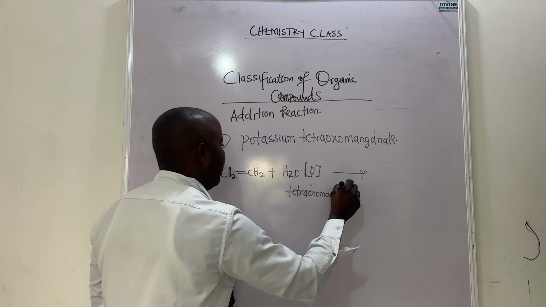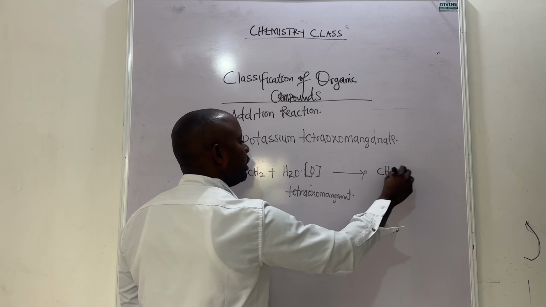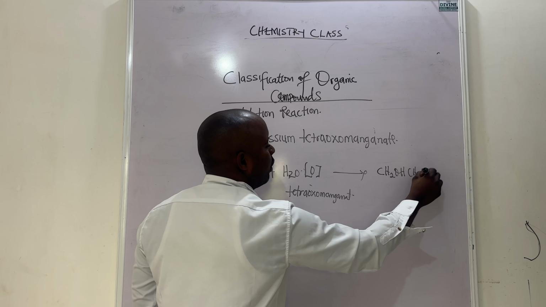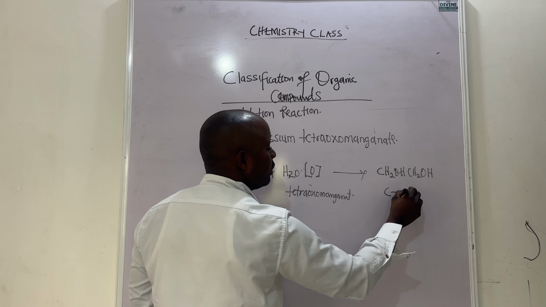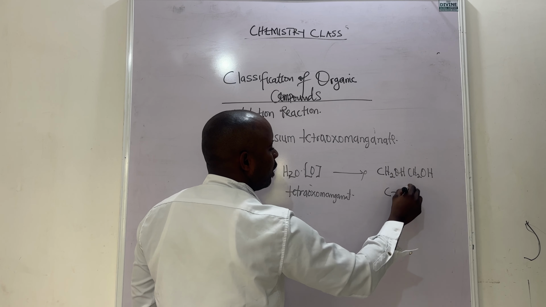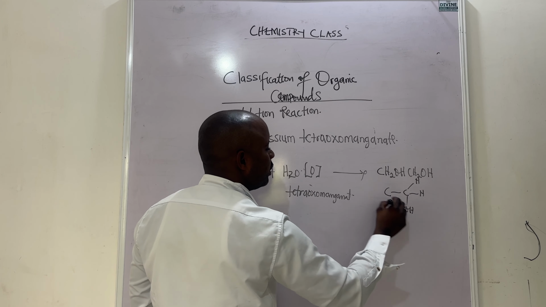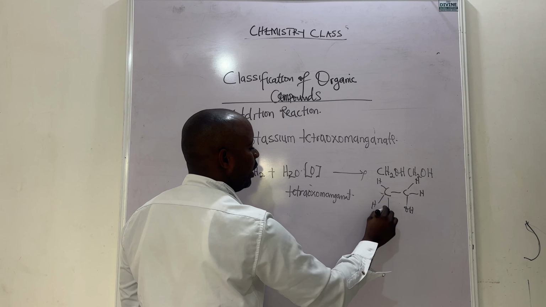So what is formed at the end? I'm going to have CH2OH, CH2OH. If we arrange this now, we have two carbons, hydrogen here, OH, hydrogen, OH.